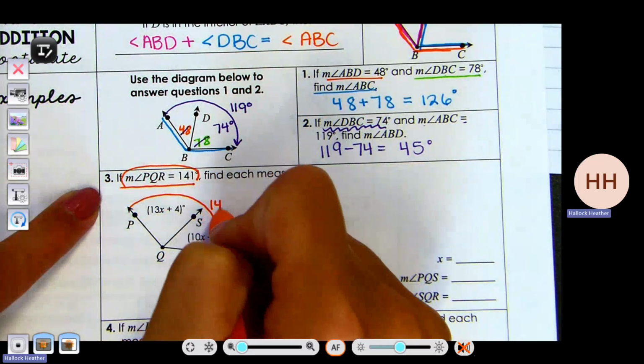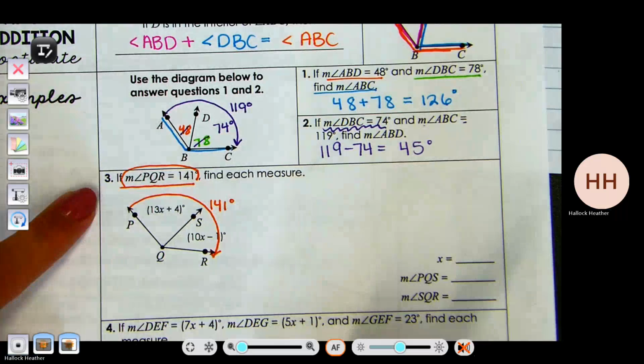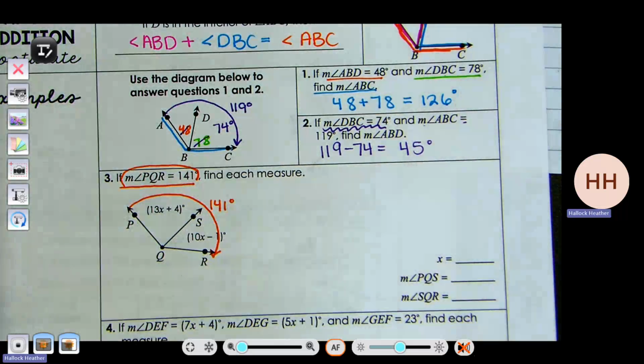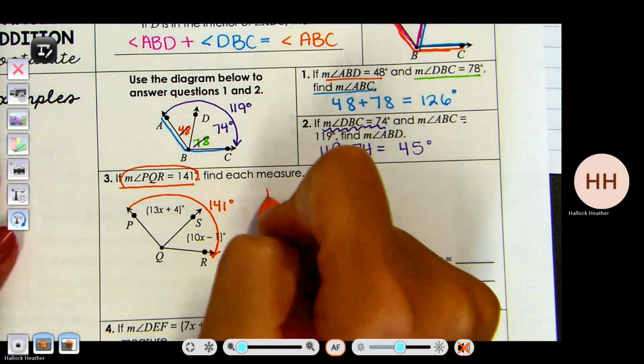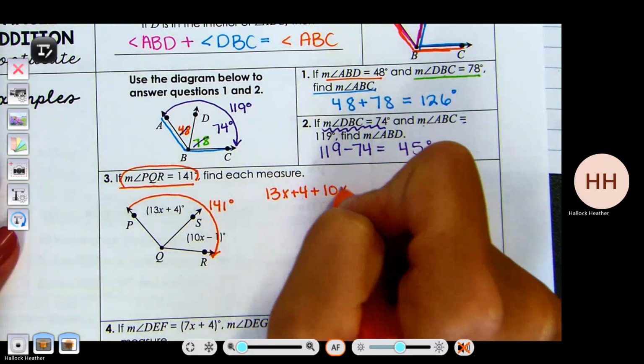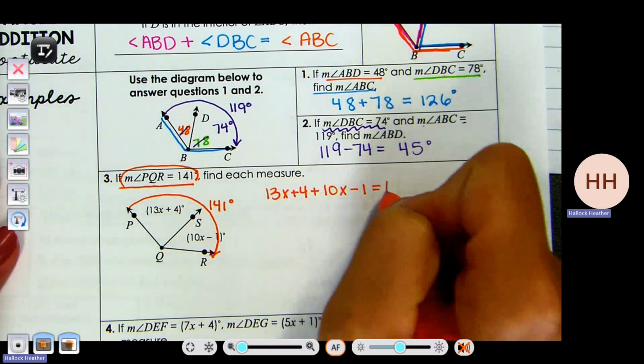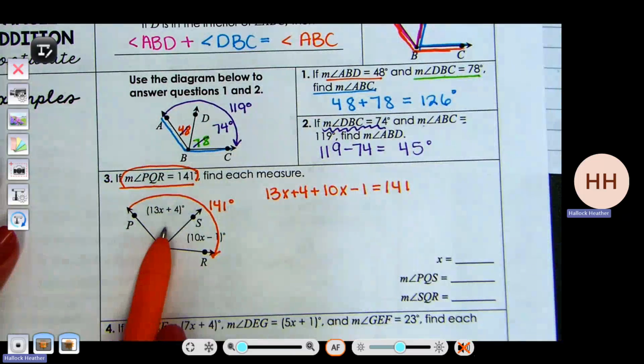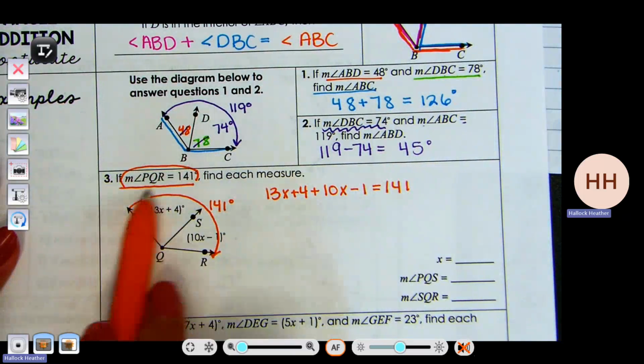It's 141 degrees. What would be the equation that I would write out to solve for x if I'm using the same concepts? Tell me. Beautiful. Nice. So you're doing little angle plus little angle equals the whole thing.